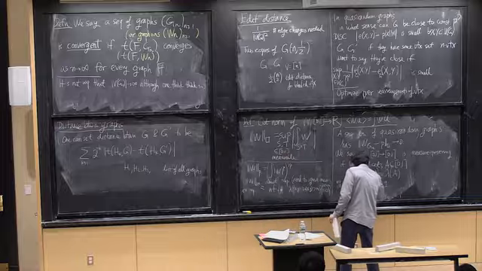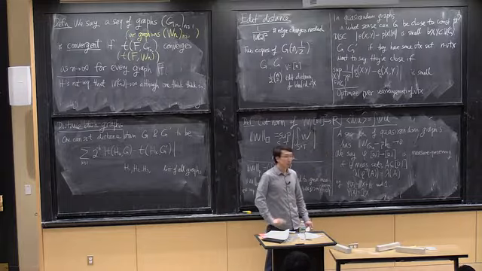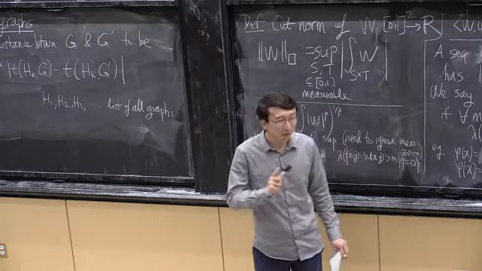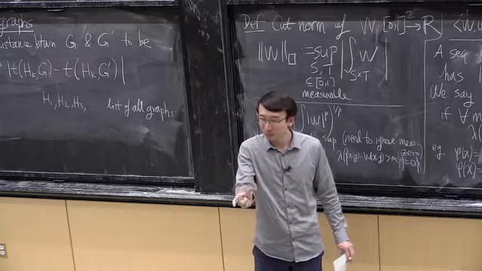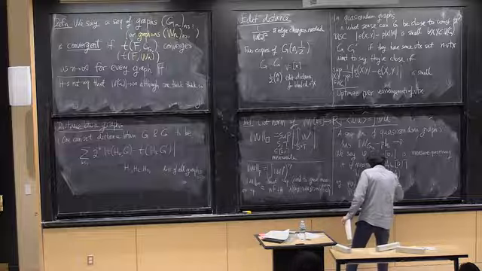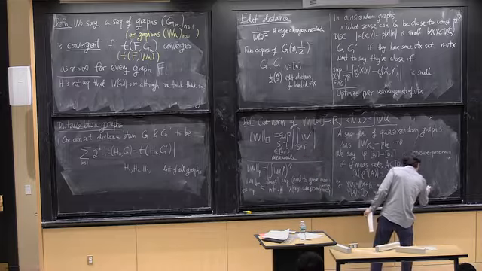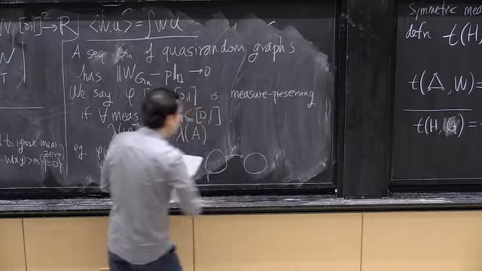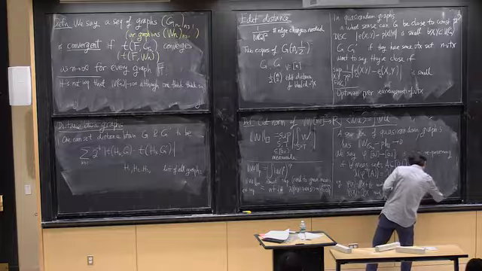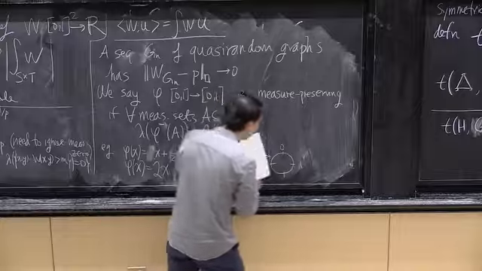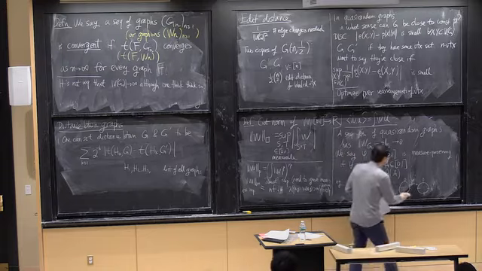A quite a bit more interesting example is sending x to 2x. This is also measure preserving. You might be puzzled for a second why it's measure preserving, because it sounds like it's dilating everything by a factor of 2. But if you look at the definition, here again mod 1, let's say a subset A, so what should I take?